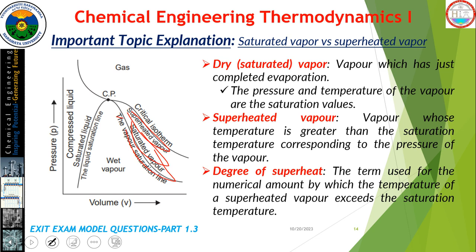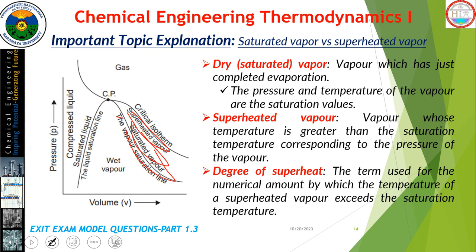The other one is compressed liquid. The compressed liquid is a liquid whose temperature is lower than the saturation temperature, which means the temperature of the compressed liquid is less than that of the saturated liquid.